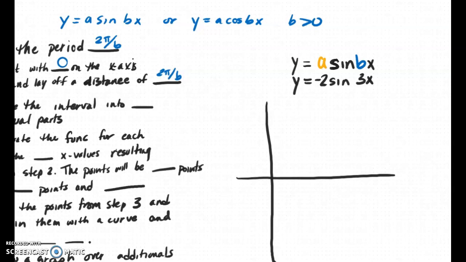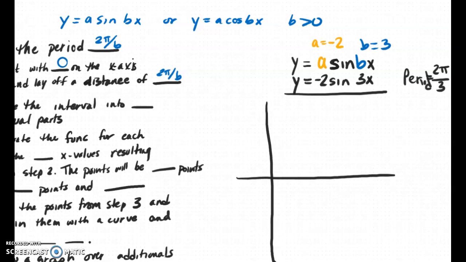So here we have, now we can match it up. So our a here is -2 and our b is 3. So the first thing I need to do is to find my period. So using this equation, my period would be equal to 2 pi divided by 3.